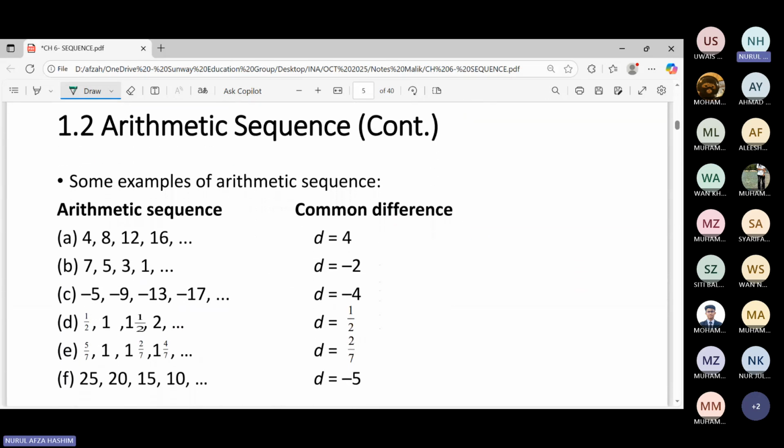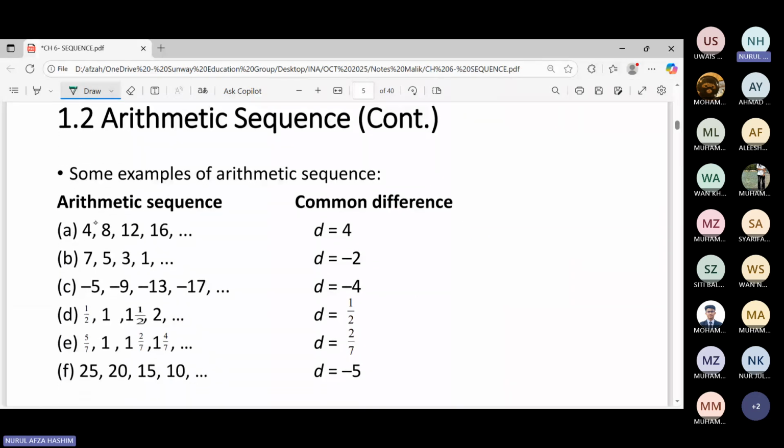So in the example given here, you can see the difference between the numbers is 4, because 4 plus 4 is 8, 8 plus 4 is 12, 12 plus 4 is 16. But sometimes your difference can also be negative.